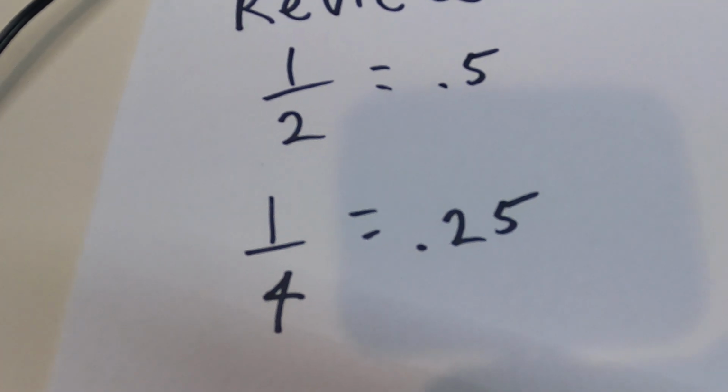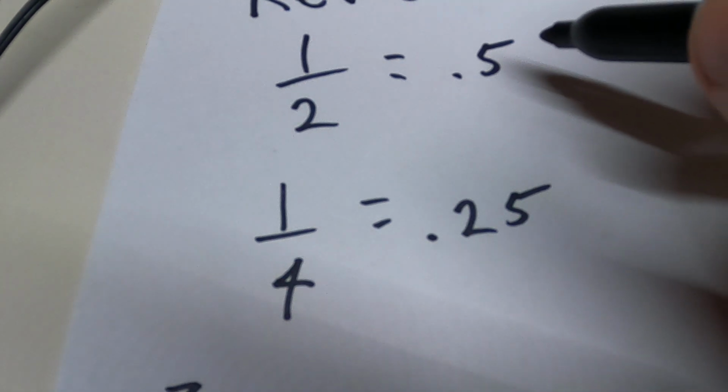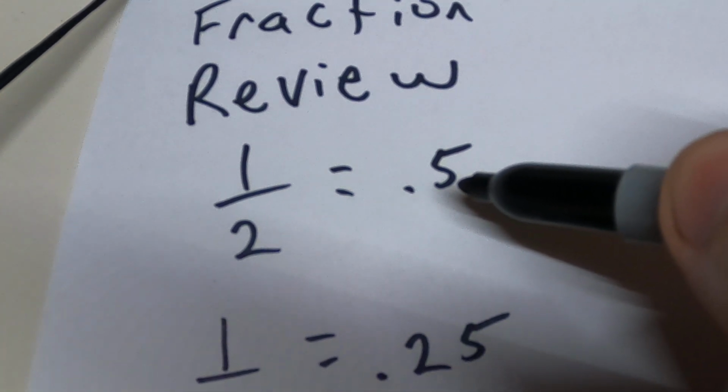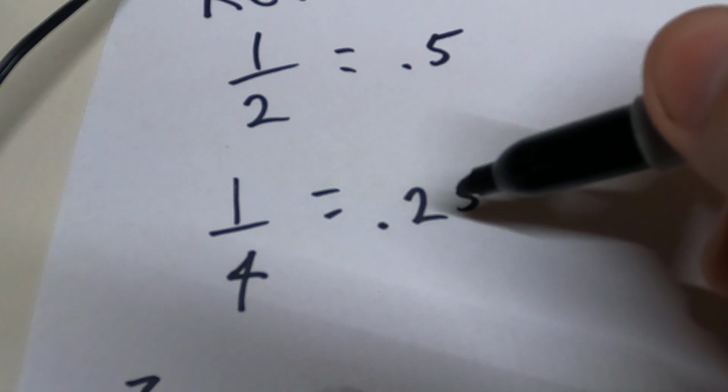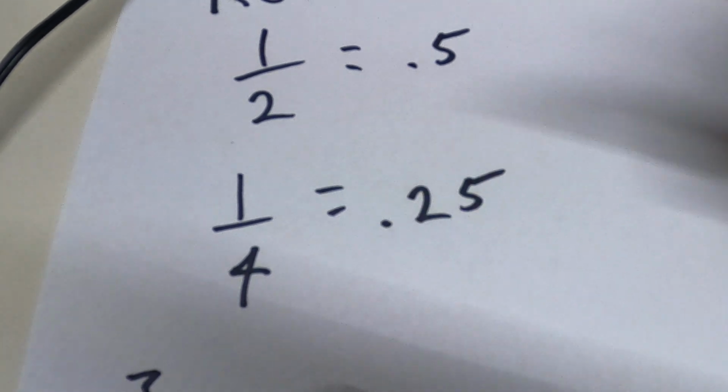Typically, everything will be written down as a decimal because it's easier to work with mathematically. But people may say, 1/2, 7/10, 3/4, whatever, just because that's how they're going to refer to it. But we need to know how to find what the decimal is of a fraction.